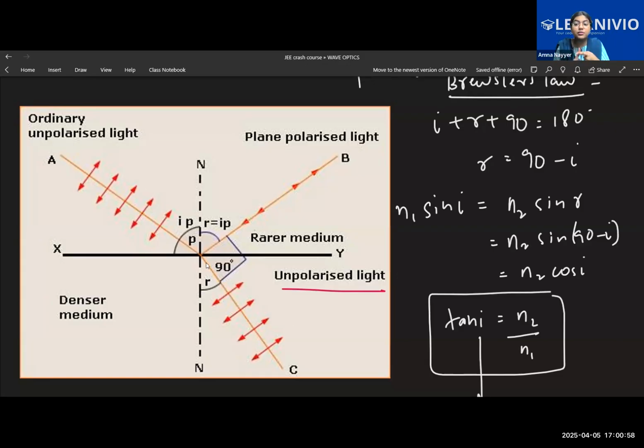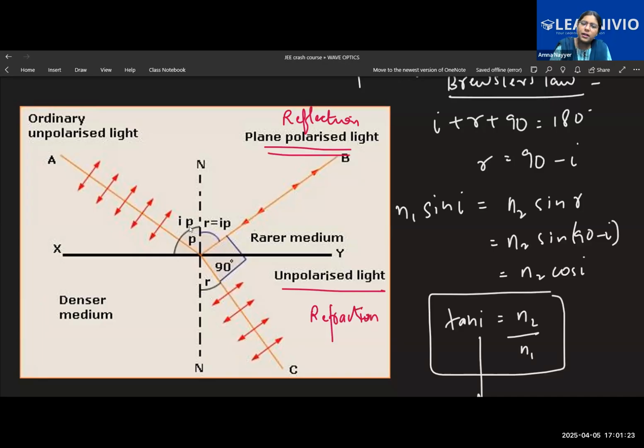But the ones which you wanted to confine to one plane, the plane polarized light, also strike the plane surface and get reflected. So here the process of reflection occurs. But what's the point here? These are polarized rays, and in the process of refraction, these are unpolarized rays.